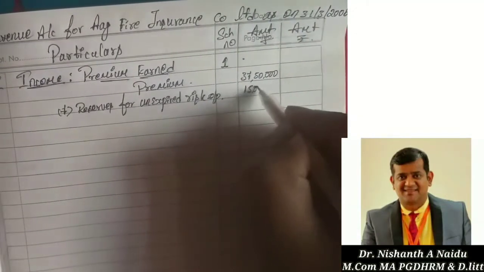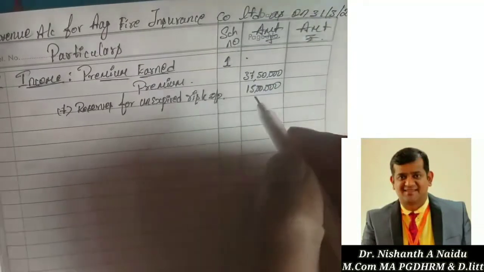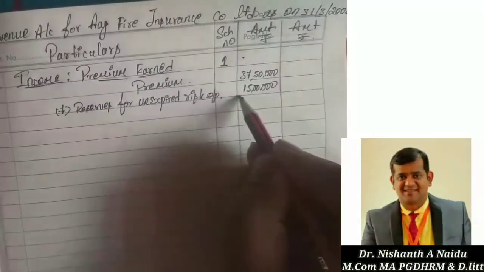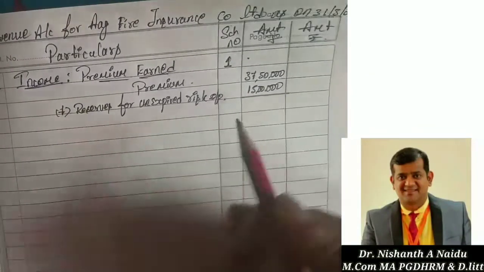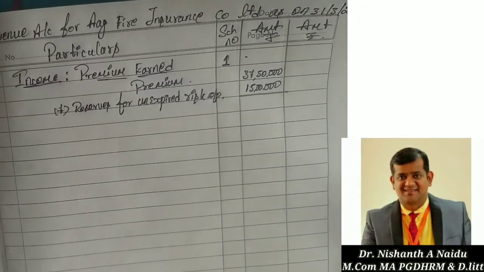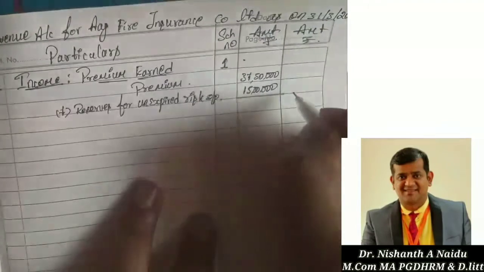Add 15 lakh, add both. So how much you will get? That is 37 lakh 50,000 plus 15 lakh, 52 lakh 50,000, correct?